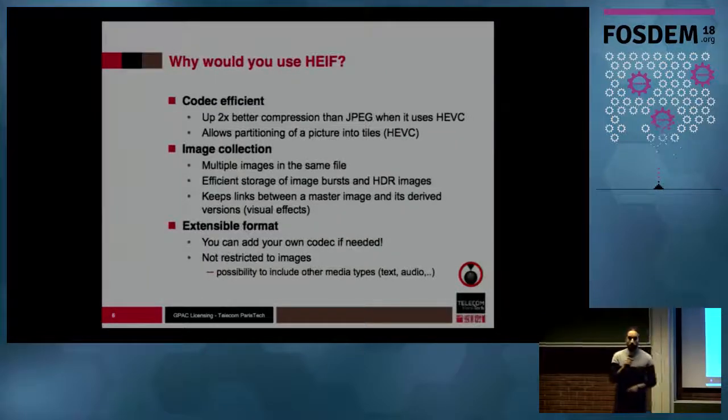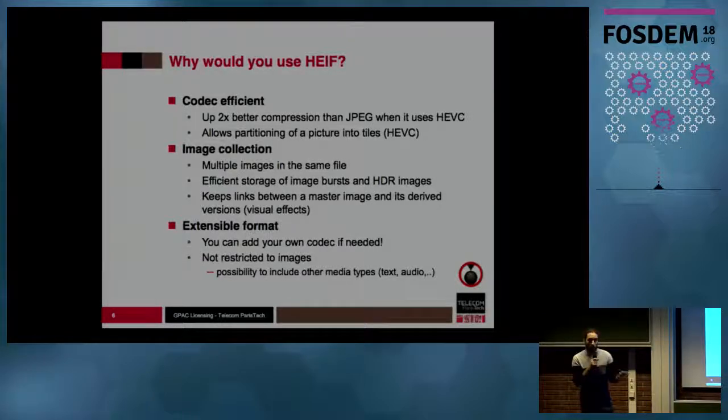So why would you use HEIF? In terms of coding, it's better. It offers two times better compression than JPEG when using HEVC, and it allows the partitioning of a picture into tiles. We have also multiple images in the same file. It's efficient in terms of storage of image bursts and HDR images.